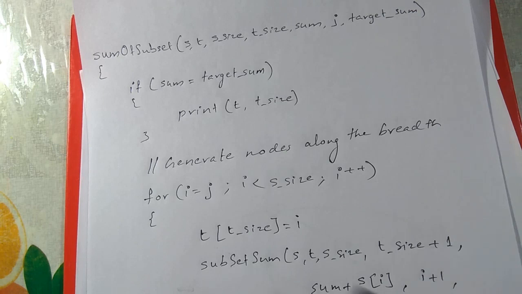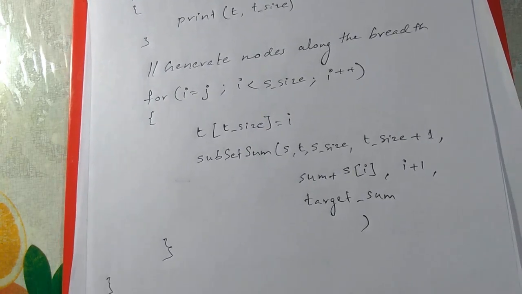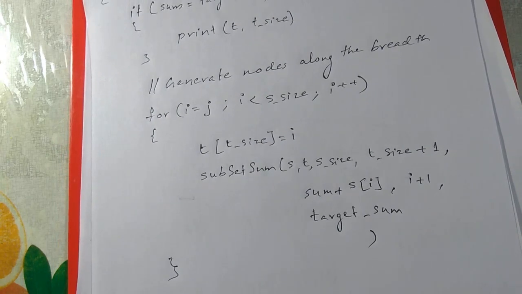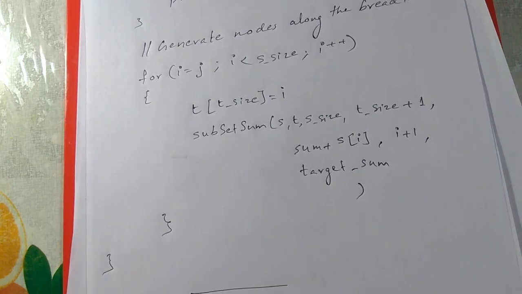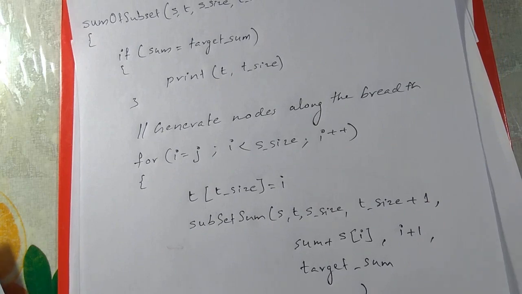And this for loop is used to generate nodes along the breadth. Then we will descend to the next level through the recursive call. Okay, this is the algorithm. Let us trace this algorithm for the set 11, 13, 7, 24.